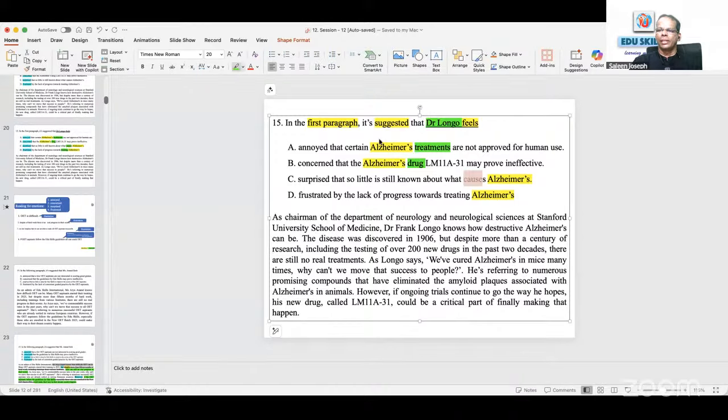First one was treatment. Second one, drug means treatment. Third one is cause. Fourth one: frustrated by the lack of progress towards treating Alzheimer's. Treating. So you see, differentiating hedging words are the same for options A, B, and D, whereas it is different for option C.